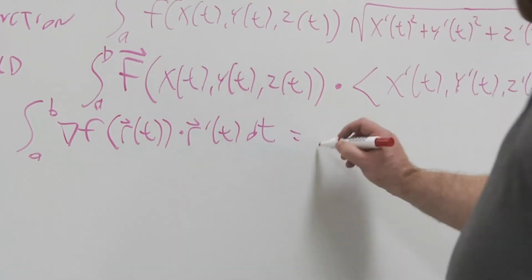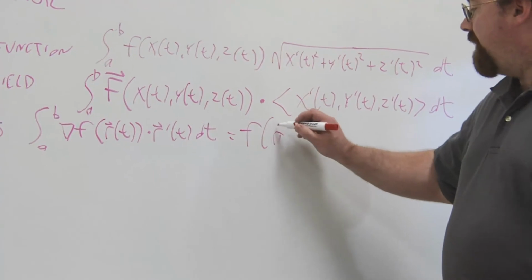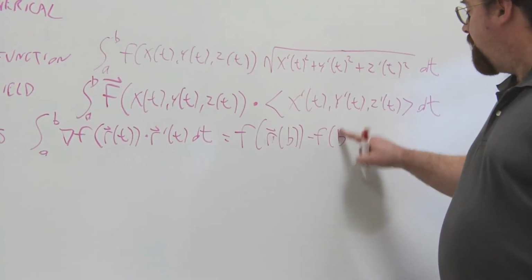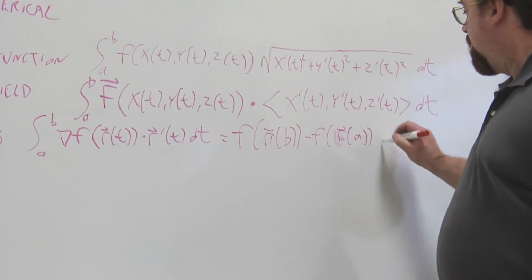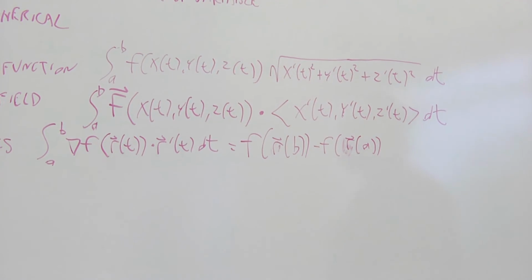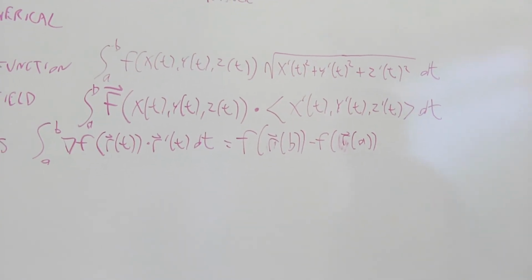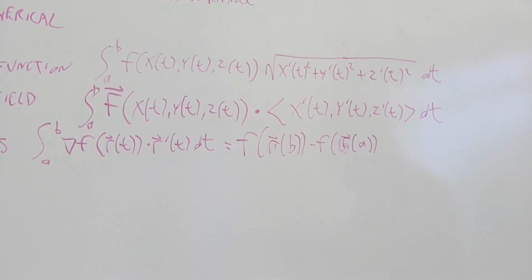And in that case, a line integral becomes particularly easy. You just evaluate f at the endpoints of the curve. And if the curve is closed, therefore beginning and endpoints will be the same, of course, then the integral will turn out to be 0.